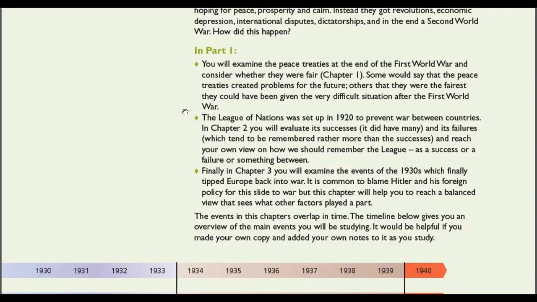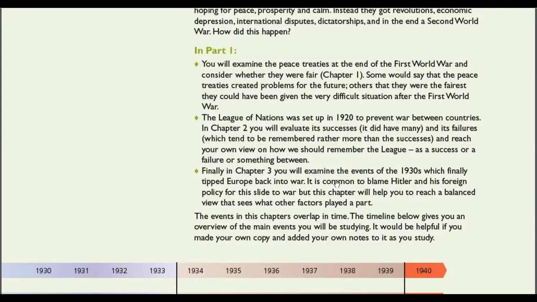So finally, in chapter 3, we will examine the events of the 1930s, which finally tipped Europe back into war, and whether it is fair to blame Hitler and his foreign policy for this.